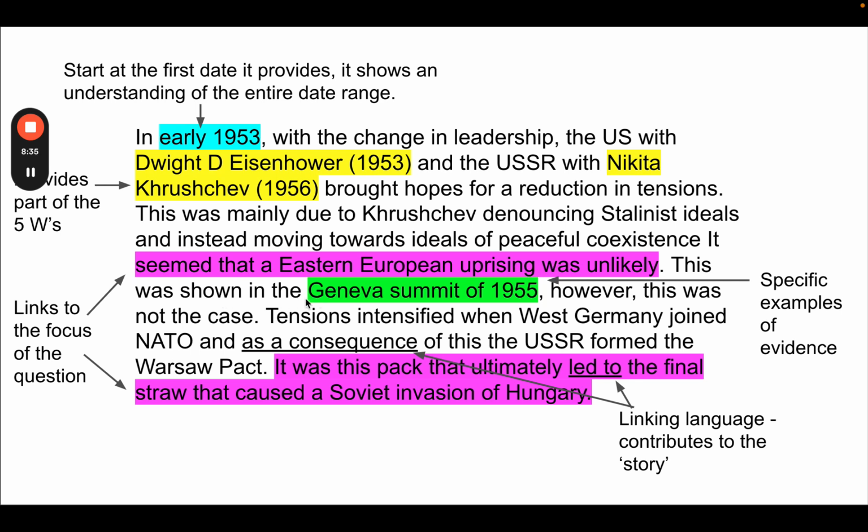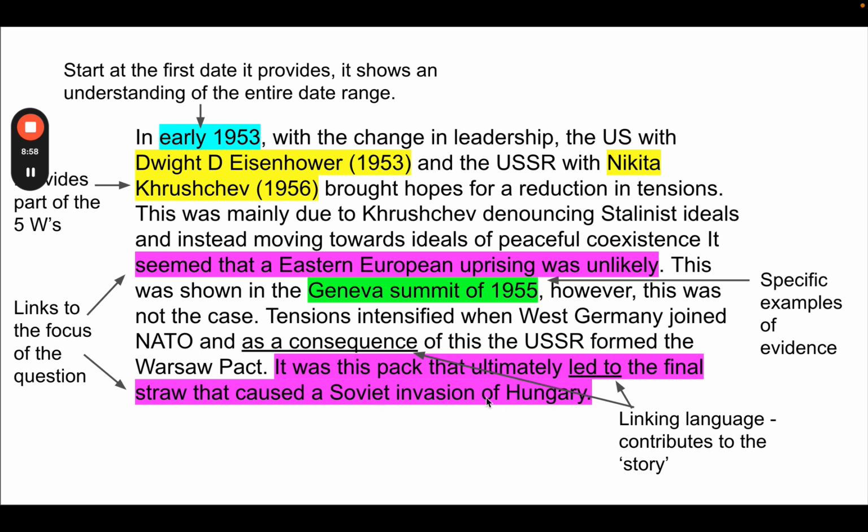This was shown in the Geneva Summit of 1955. However, this was not the case. Tensions intensified when West Germany joined NATO, and as a consequence of this, the USSR formed the Warsaw Pact. It was this pact that ultimately led to the final straw that caused the Soviet invasion of Hungary.